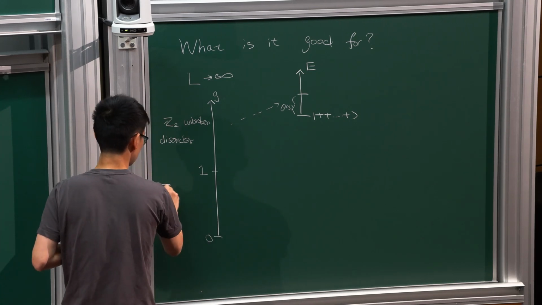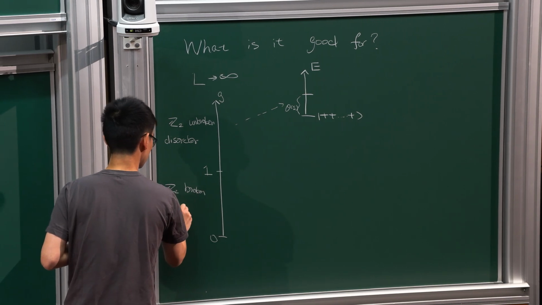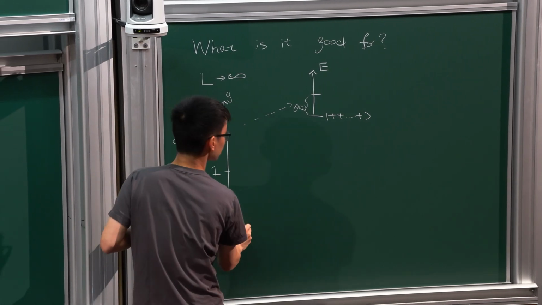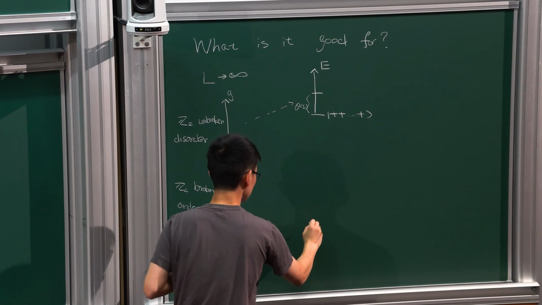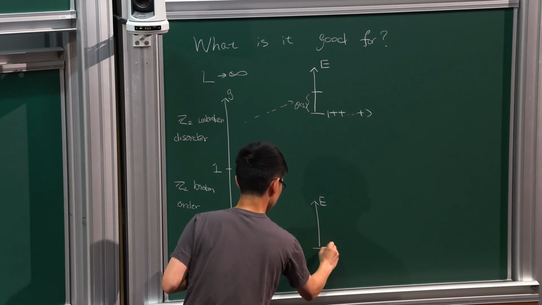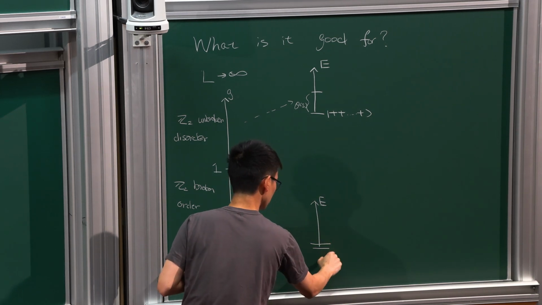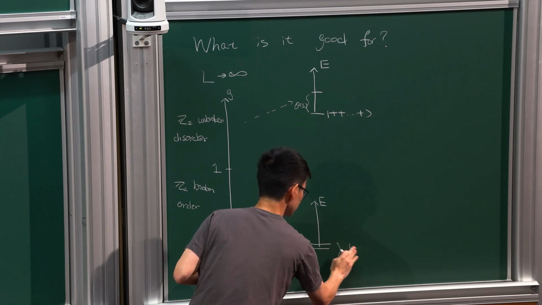If you are here, then Z2 is broken. You have an ordered phase. And the spectrum looks like this. You have two very low-lying states, and there are some linear combinations.